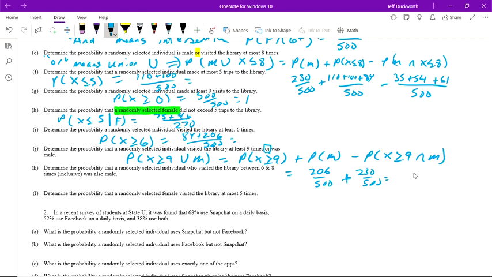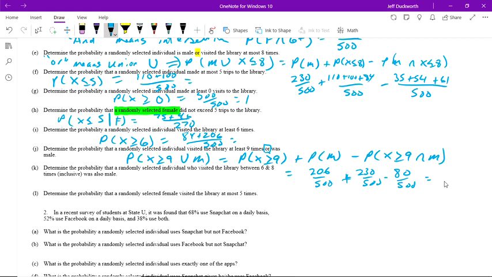And their intersection was 80. That shouldn't say equal, that should say minus. And then that equals whatever it equals.